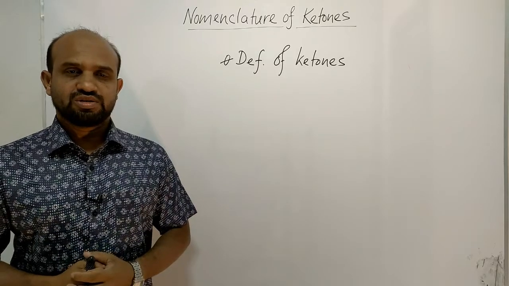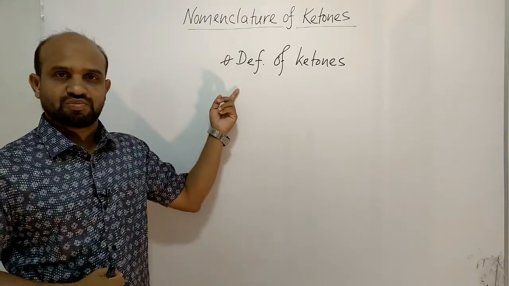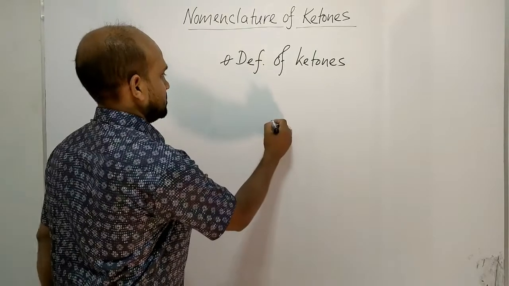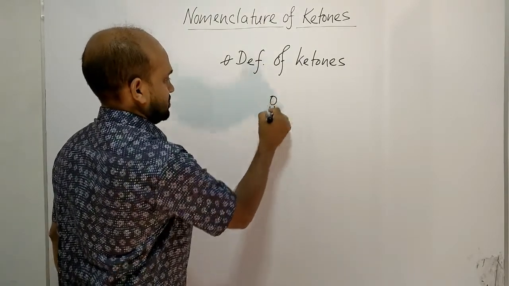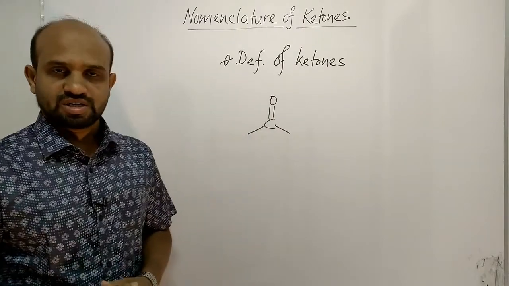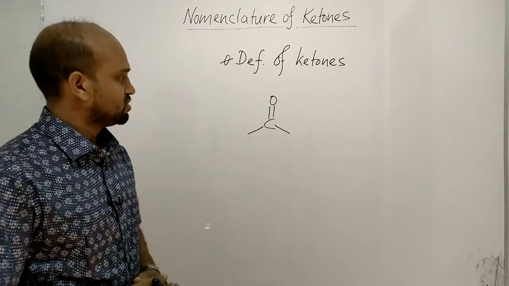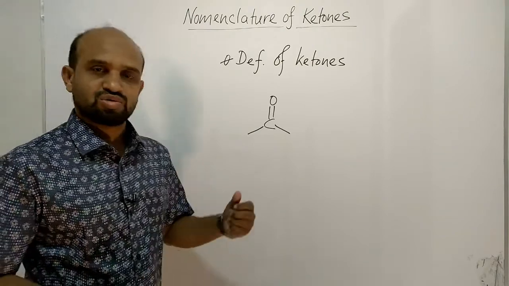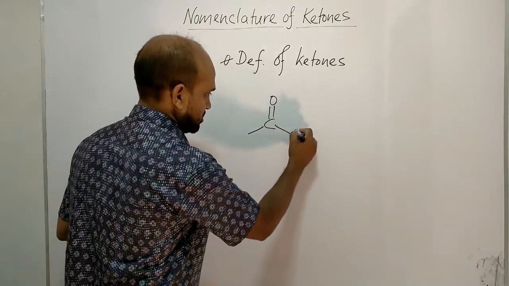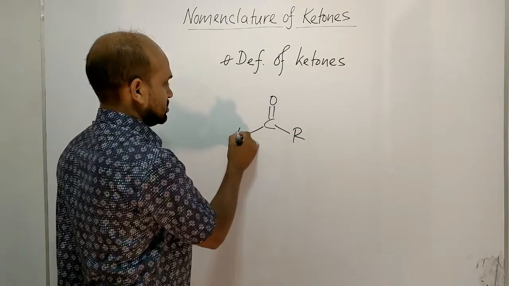The very first point is definition of ketones. Let's see the definition. This is carbonyl group, divalent carbonyl group. These two valencies are satisfied with alkyl groups.